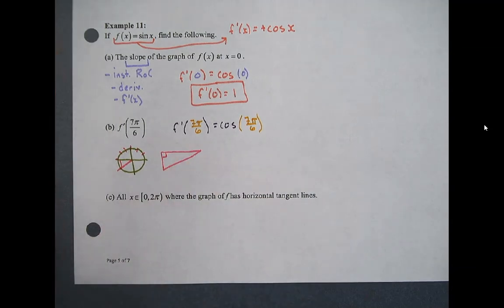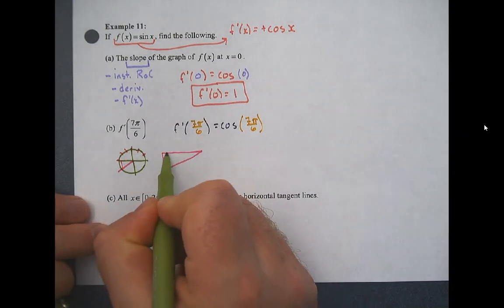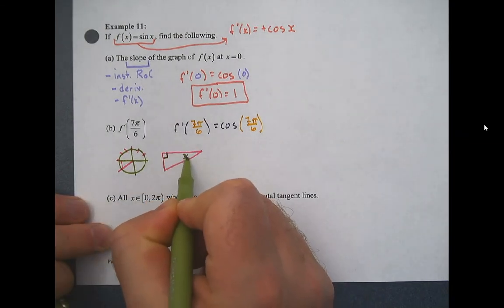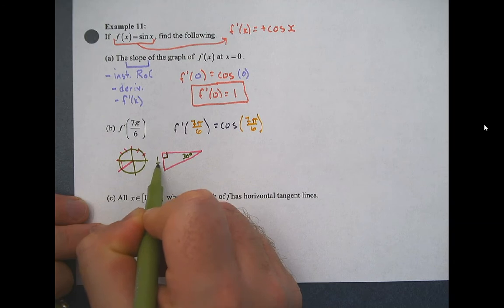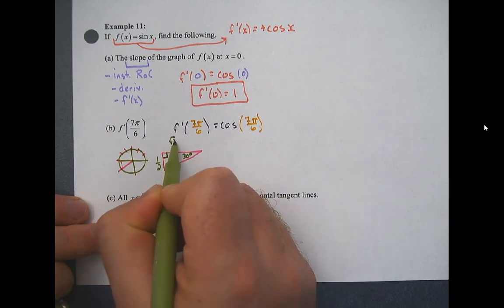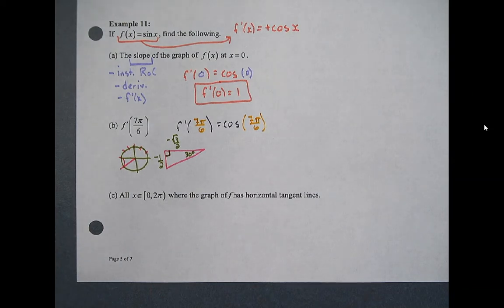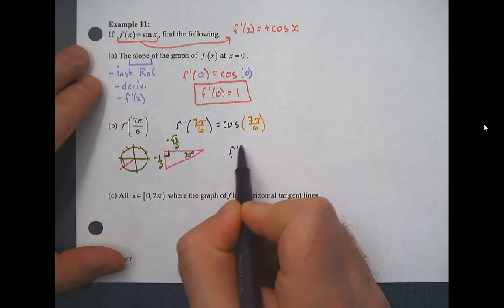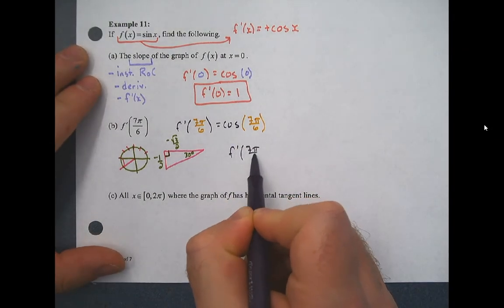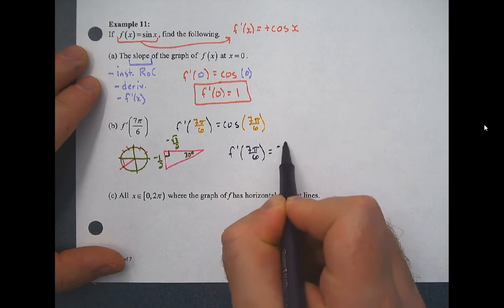Right angle, reference angle. This is a 30. So across from a 30 is a 1/2. Adjacent is square root 3 over 2, and I need both of them to be negative. Now, which one of those is cosine? Cosine is the same as x. So we figure out that f prime of 7 pi over 6 is equal to negative square root 3 over 2.